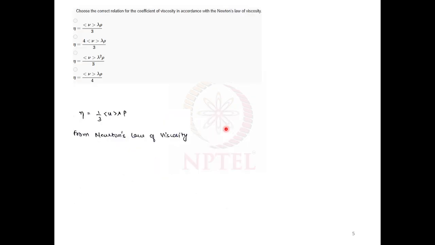So we have come across these points. Now you come to another question where you need to find the coefficient of viscosity in accordance with Newton's law of viscosity.